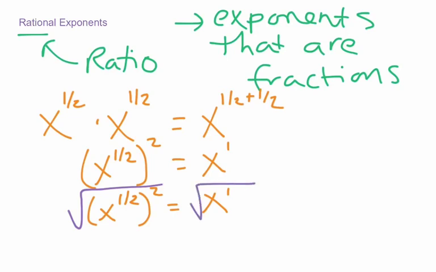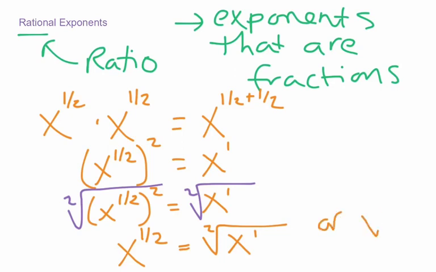So if I take the square root of the left, I have to take the square root of the right. Remember that the index on your square root is a 2. On the left-hand side, squaring and square rooting undo each other, and I am left with x to the 1/2. Here on the right, I have the square root of x to the first power, or simply the square root of x.